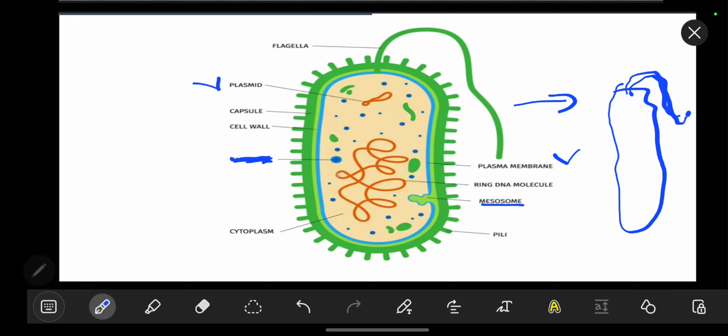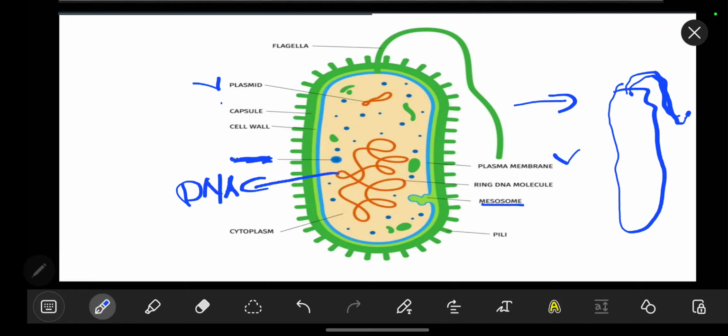So as you can see, this is the main central DNA of the bacteria, which is just suspended in the cytoplasm. Then the plasmid is not part of the main circular DNA, but has got the function of creating antibacterial resistance. So the ability of a bacteria to resist antibodies comes from the plasmids.